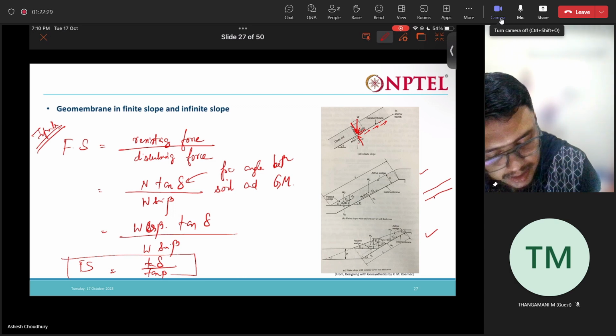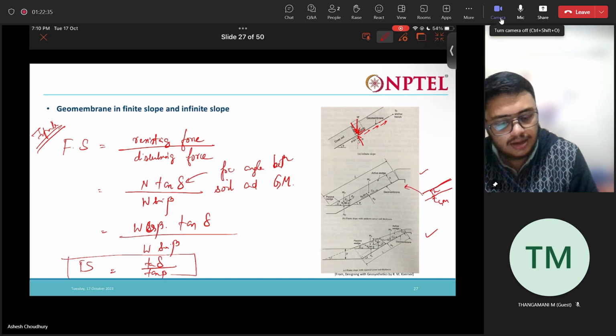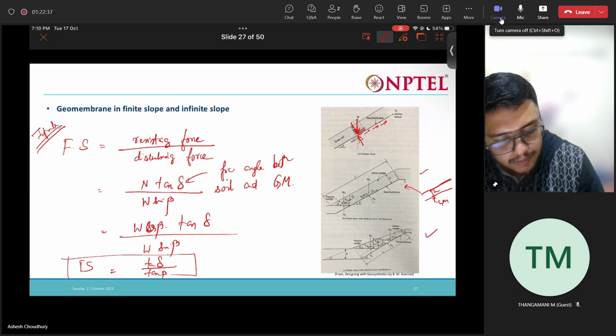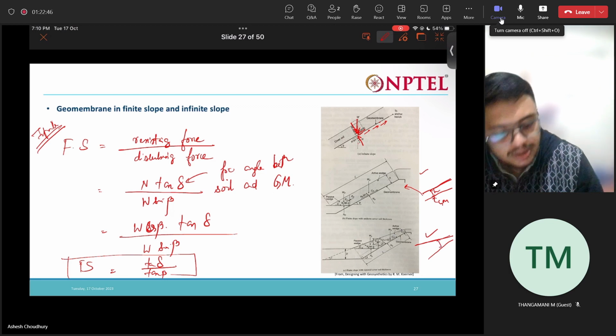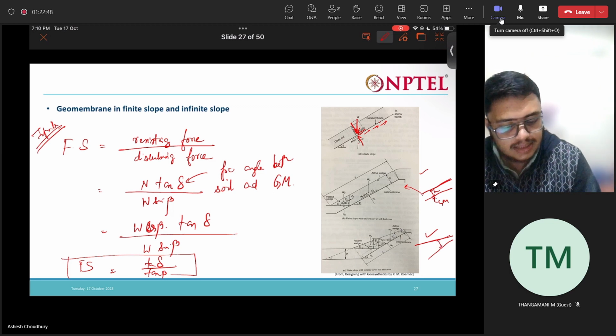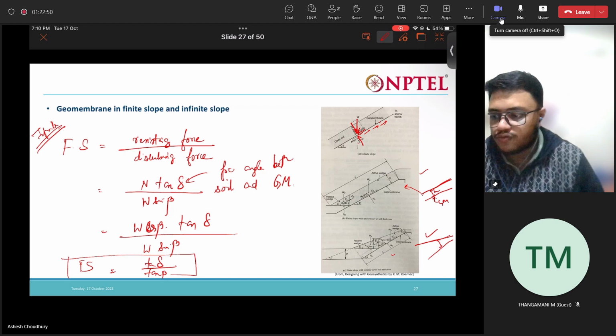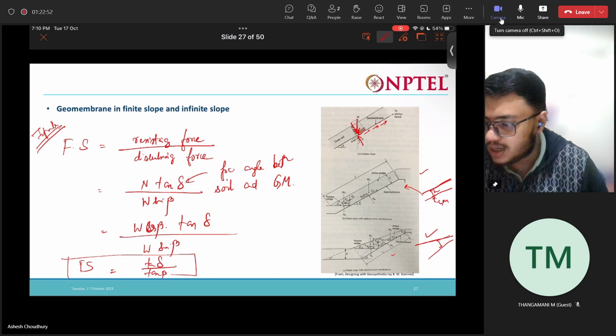So the geomembrane is placed here, and you have a uniform thickness covered soil, like this. The other case may be that this is the geomembrane and the cover soil is tapered. This thickness is actually not the same. So for these two cases I will give you the formulas.